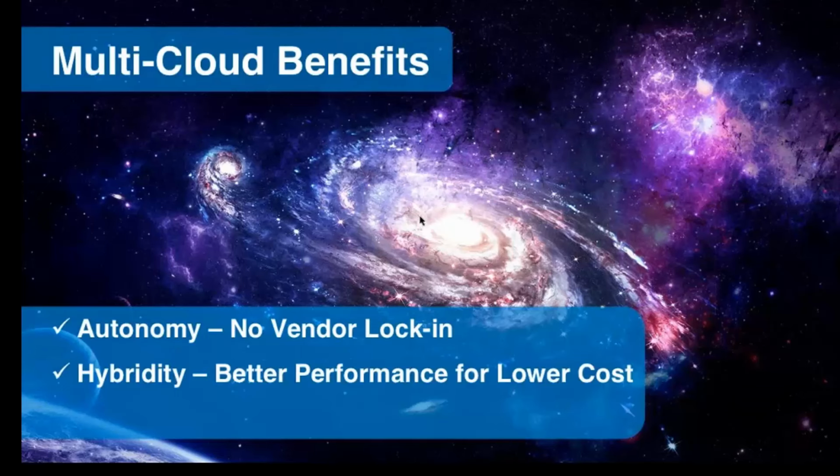Hybridity, one more important one. You can mix and match different cloud vendors to optimize cost for your business. For example, for production applications, most likely you will prefer to choose a cloud provider with very good performance and stability, but this provider most likely will cost you more compared to other highly performing service providers.